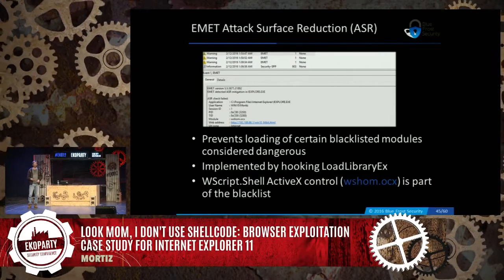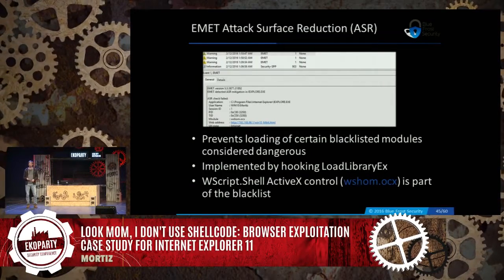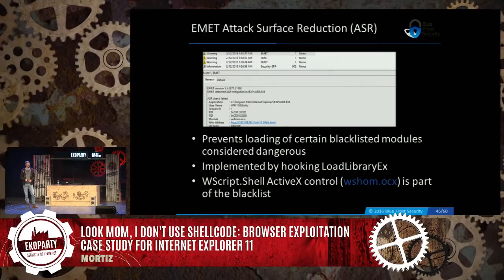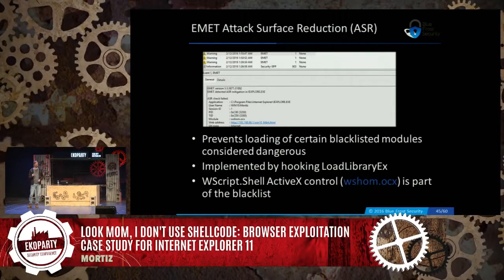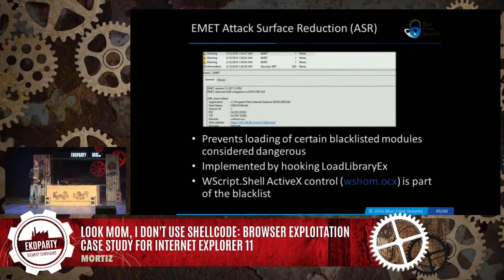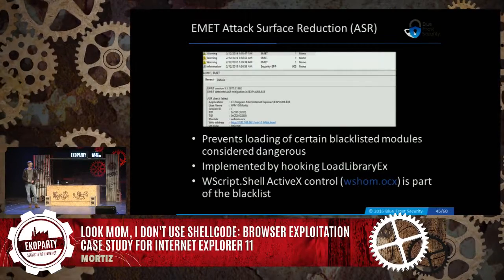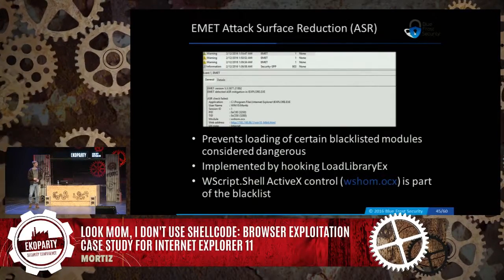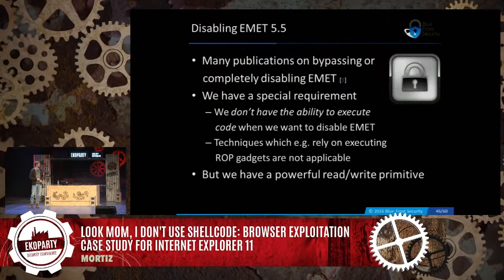What ASR does is basically a blacklist of certain modules which are considered to be dangerous, and they hook the LoadLibraryEx function. So every time a new module gets loaded, they check the name of this module against their blacklist, and if it's part of that blacklist, they terminate the process. In our case, they detect the loading of the WScript shell module.